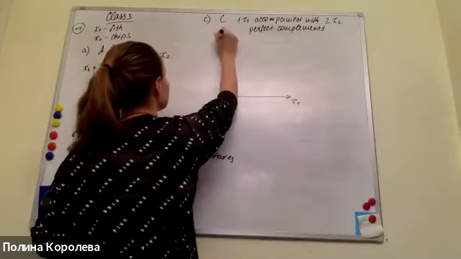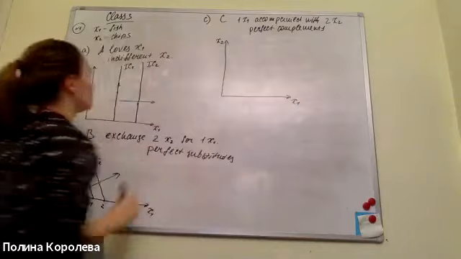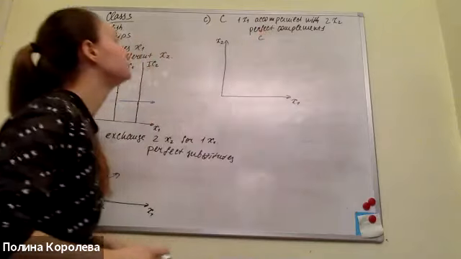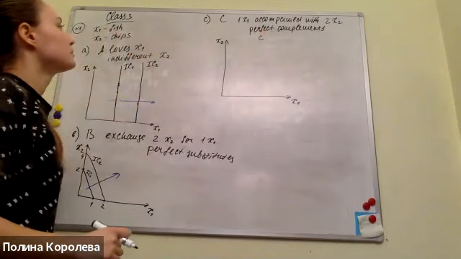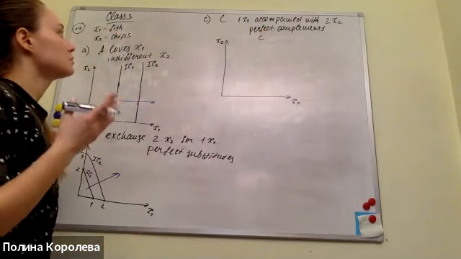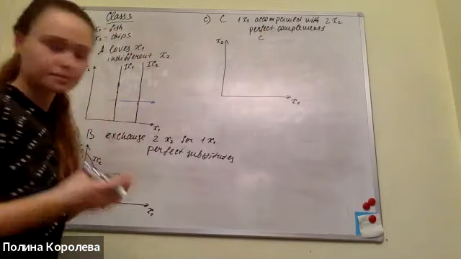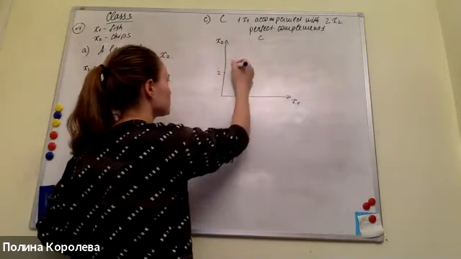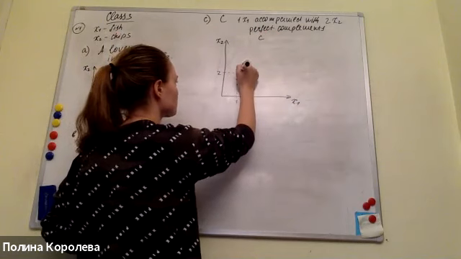Let's draw, and I will explain why it is so. So here fish, here chips. This is for Christine. Let's give Christine 1 fish and 2 chips. Put this point. Let's start from this point.